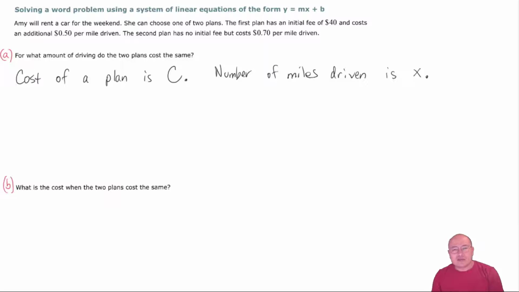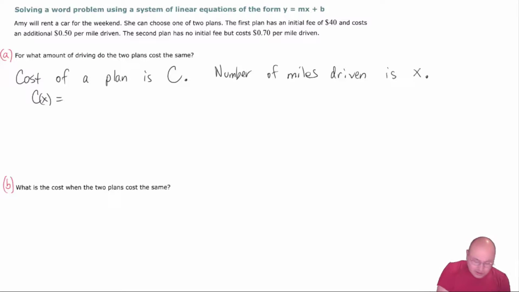So we really have two different functions here. We have two cost functions. We could say c of x is equal to, let's go back and read the problem. Let's see what the first plan says. The first plan has an initial fee of $40 and costs an additional 50 cents per mile driven.